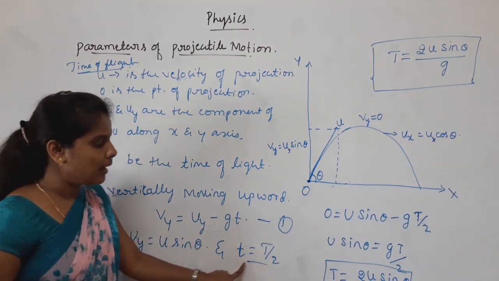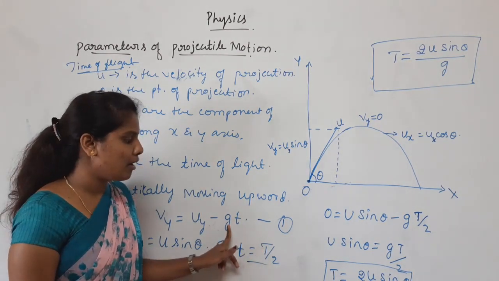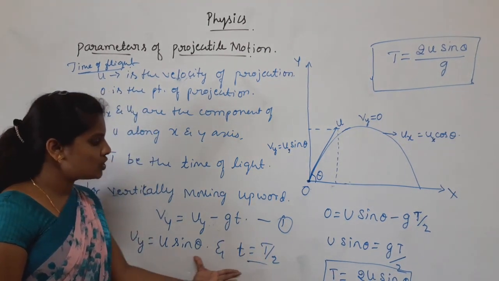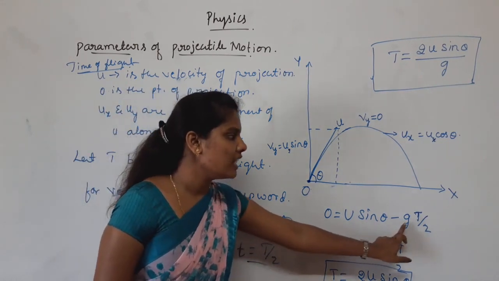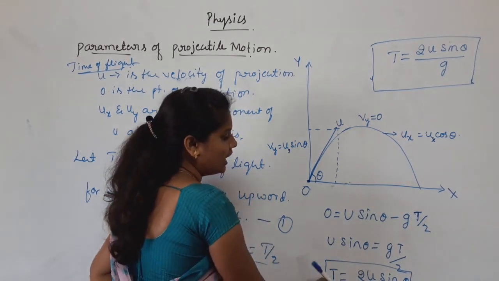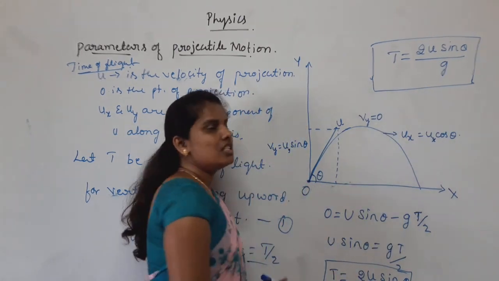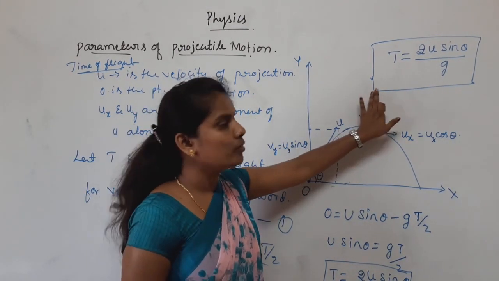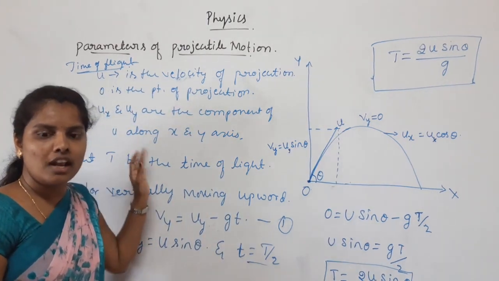So t becomes T divided by 2. Here capital T represents the time of flight. Substituting these two values, we get 0 equals U sin theta minus gT by 2. Then simplifying for T, we get T equals 2U sin theta by g. This is the equation for time of flight, one of the parameters of projectile motion.